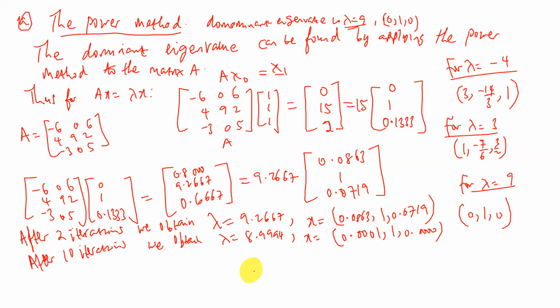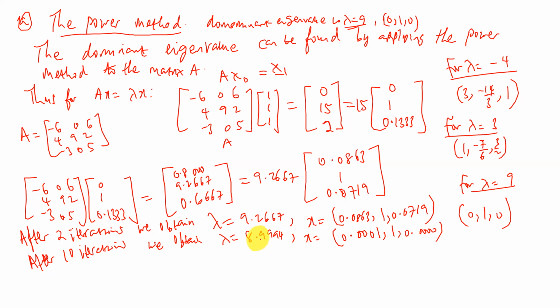Okay, we continue like this. But after 10 iterations, because after 2, we got the 9.266. Then you can go on after 10 iterations, then we shall get the lambda equals 8.994, 3 nines.